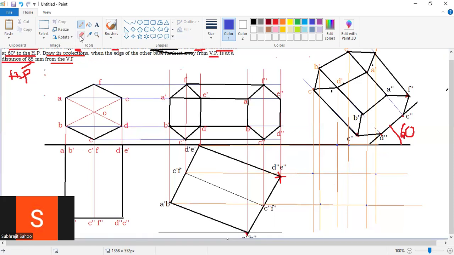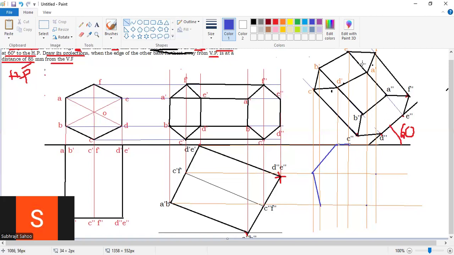So we have to join like this. The diagram may not come properly. You have to join here because I have not taken 60° properly.